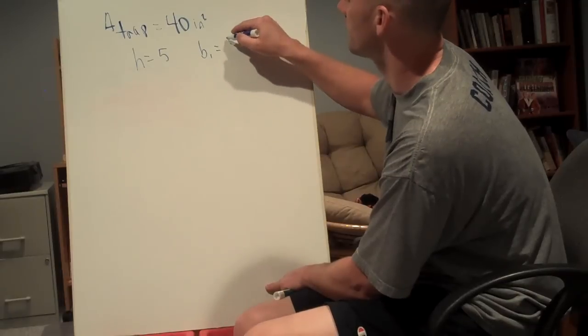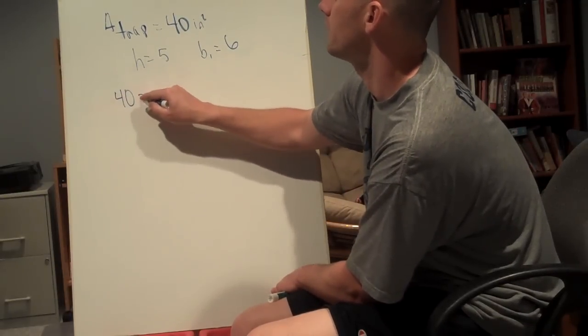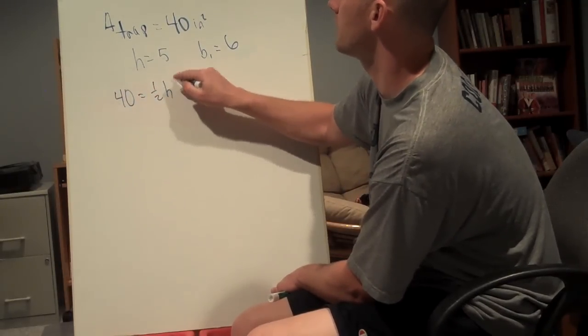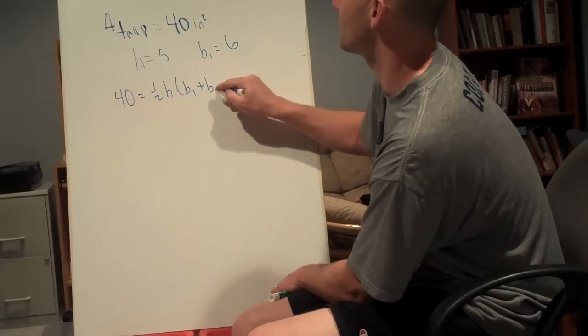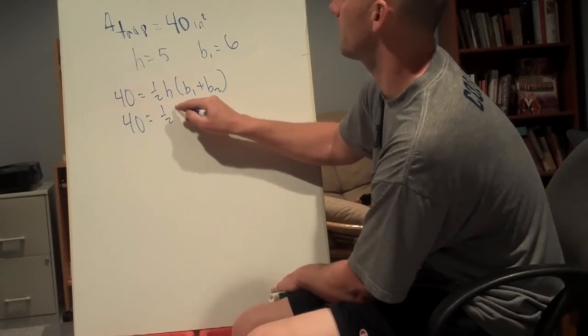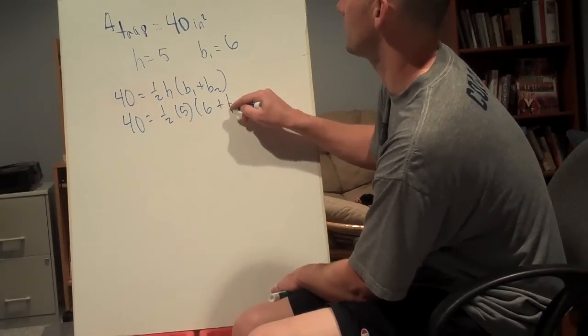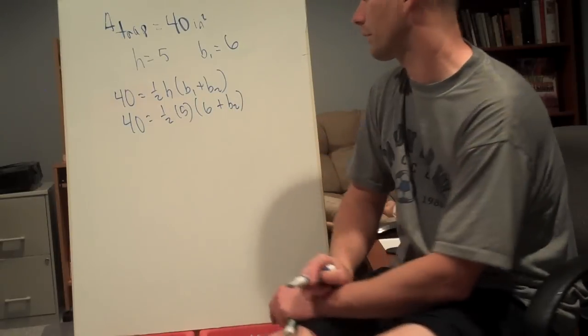Okay, 6. So that means we've got 40 equals 1/2 the height times base 1 plus base 2. Fill it in. 40 equals 1/2 the height is 5. Base 1 is 6. Base 2, I don't know. That's what we're going to figure out.